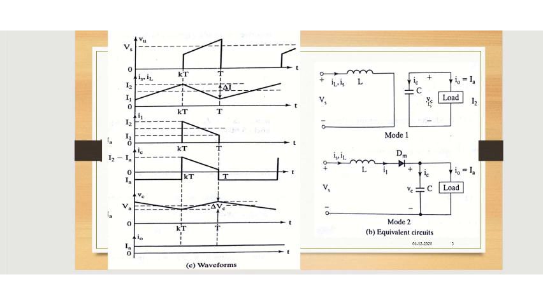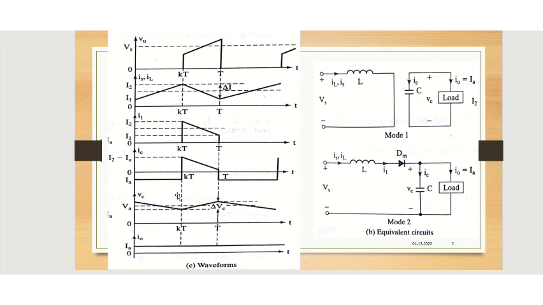In that period, when the power switching device is turned on, the current flowing across the load will be because of the capacitor. That is why it is shown as negative. The capacitor will be discharging current, so the negative current is shown here when the power switching device is turned on.